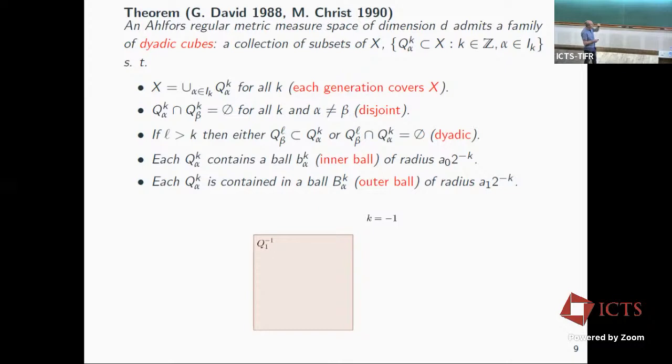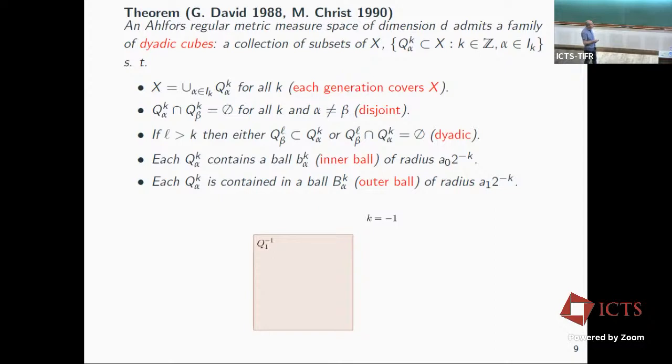When you increase the generation, you have smaller and smaller cubes. Also every cube is either contained in a cube of the previous generation, or it has empty intersection with that cube. And every cube contains a small ball, I will call it inner ball, of radius a0 2 to the minus k.